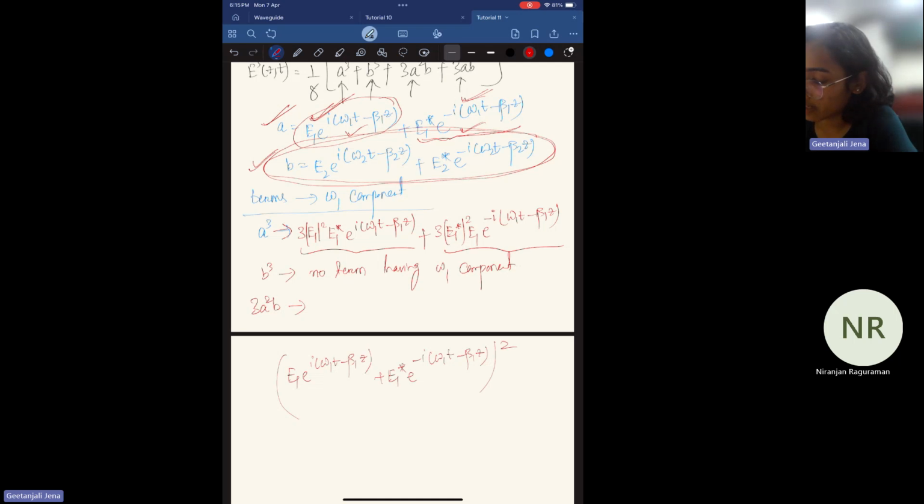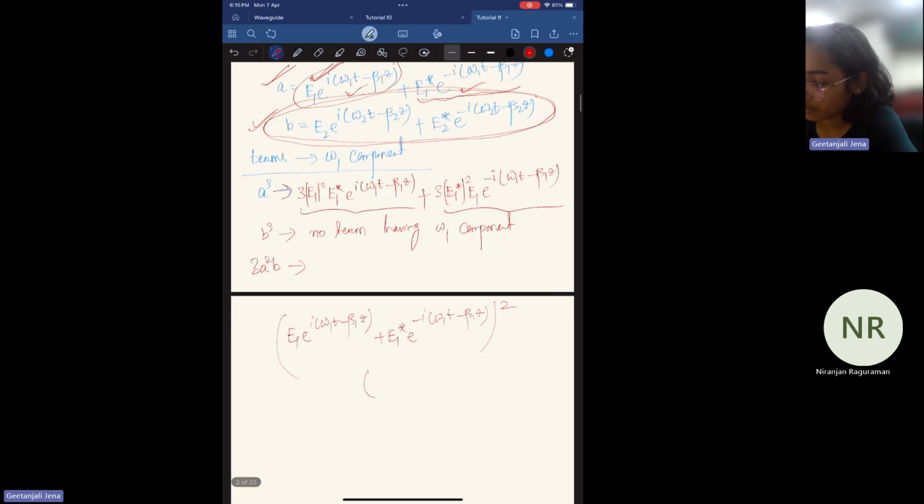We have to take A squared multiplied by B, which is E2 e^(i(ω2t − β2z)) plus E2* e^(−i(ω2t − β2z)).